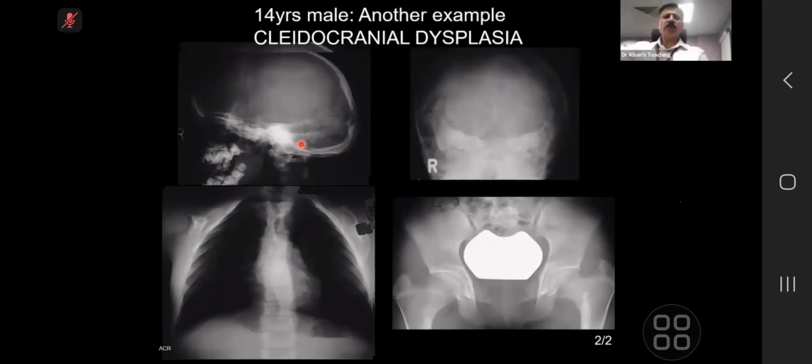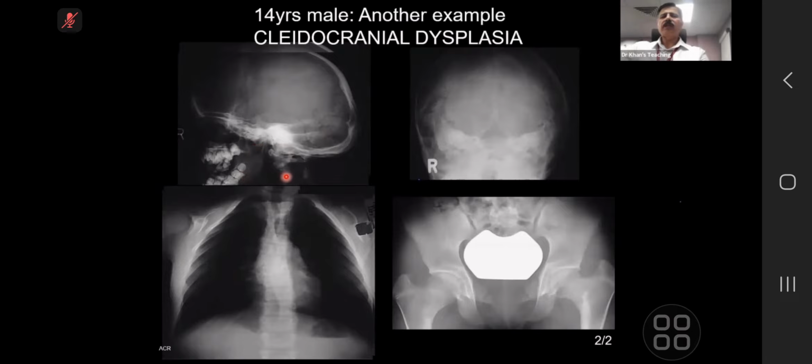And these are the rest of the findings of cleidocranial dysplasia. Now, look at the Wormian bones. Wormian bones are bones within the sutures. For example, this one is a Wormian bone. The key finding, look at the pubic symphysis, poorly ossified.